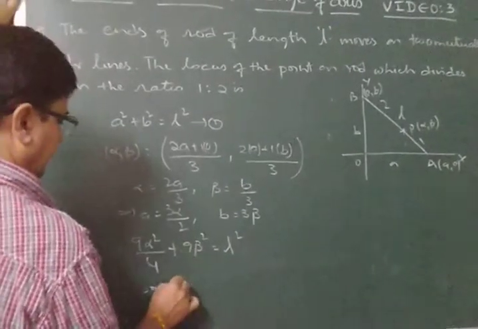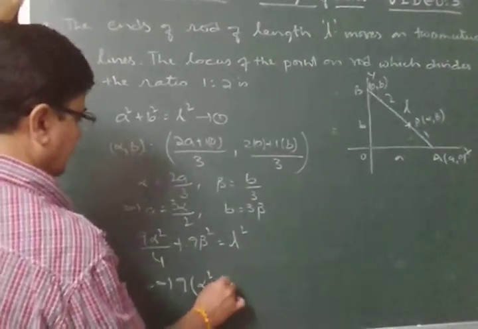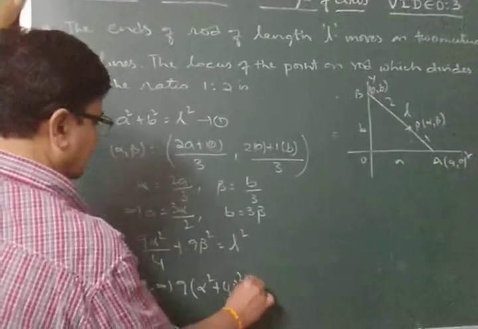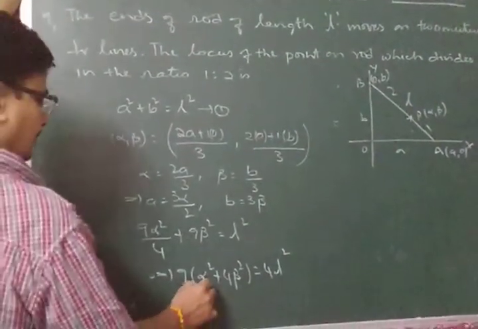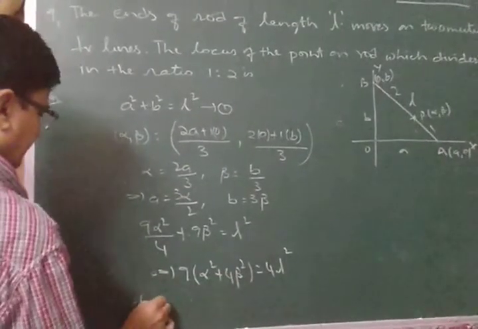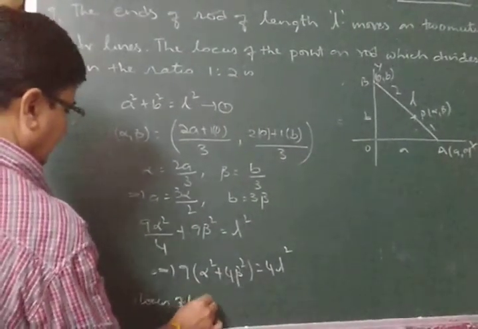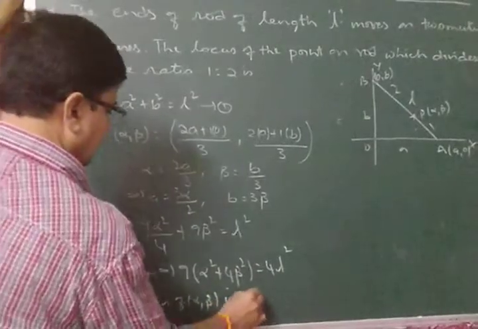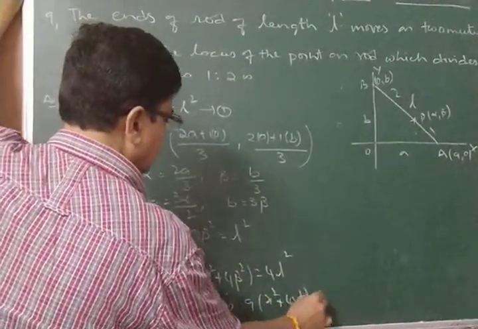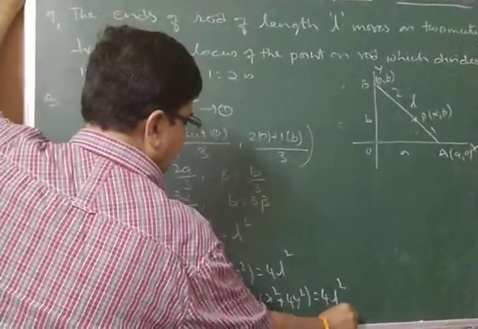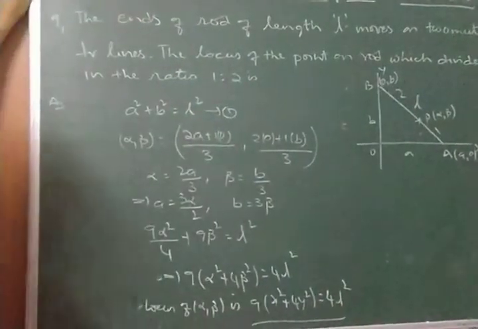Now we take 9 common: alpha square plus 4 beta square is equal to 4L square. Now the locus of alpha comma beta is 9x square plus 4y square is equal to 4L square, which is the required locus of P.